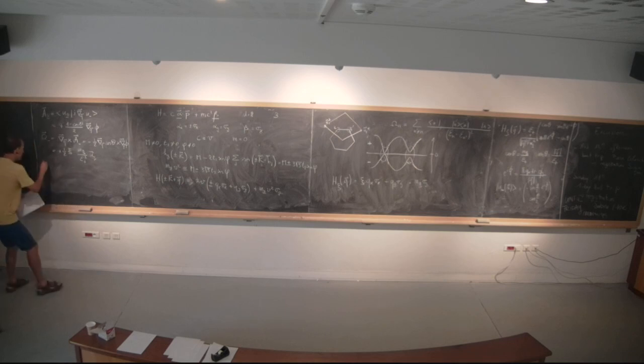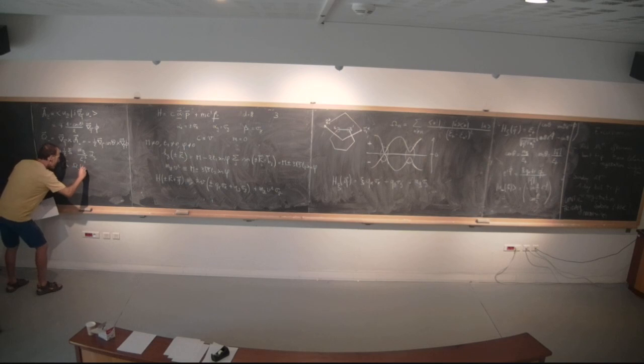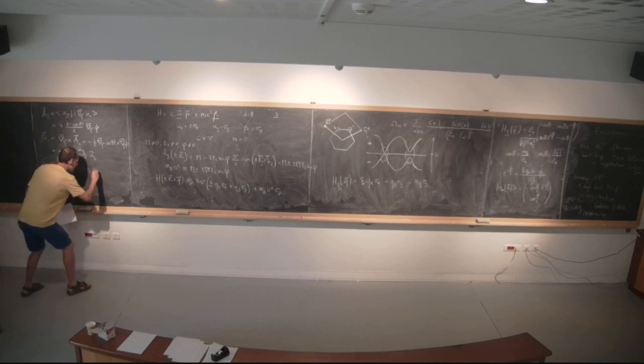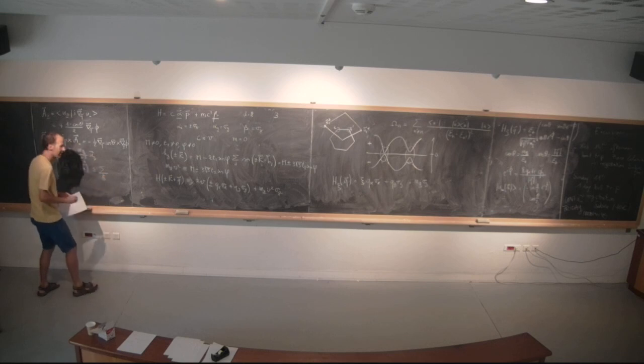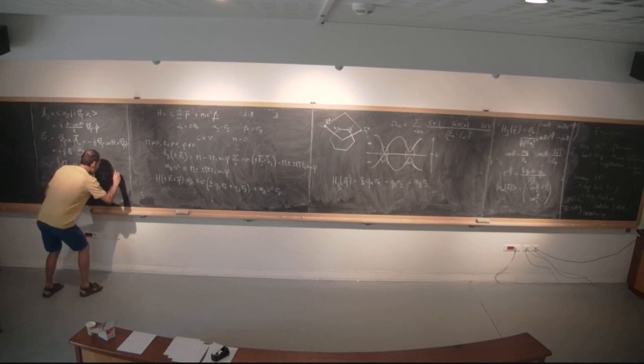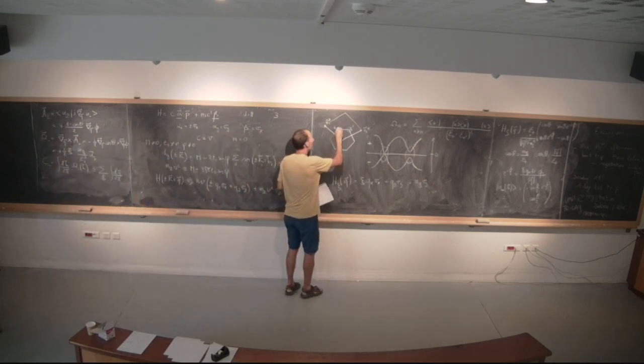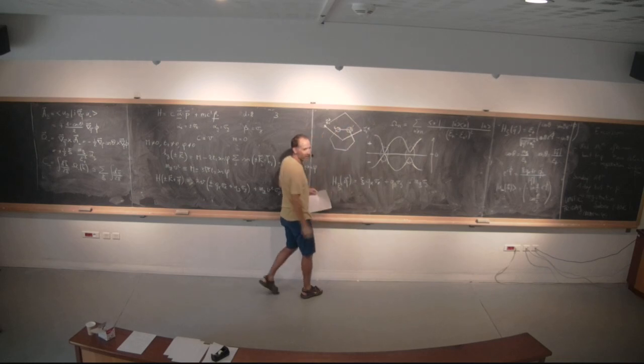So the Chern number calculation for the negative band, the filled band, is in principle: I should integrate over the full Brillouin zone and divide by 2 pi. This gives me an integer. And here I make the approximation that I can replace that by a sum near each valley of an integral over Q that in principle I should cut because I want to stay in a small neighborhood.